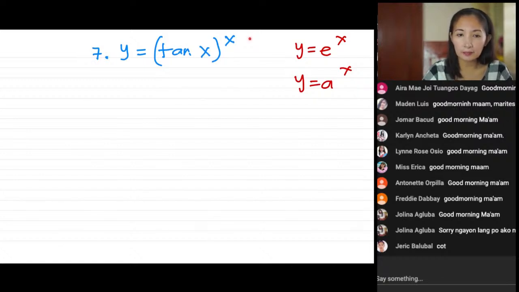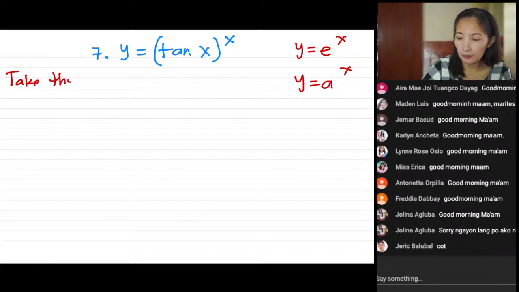Before differentiating, we will get the natural logarithm of both sides. So take the logarithm of both sides.